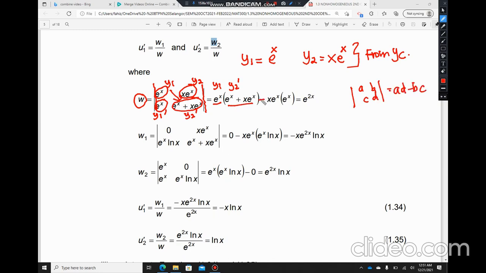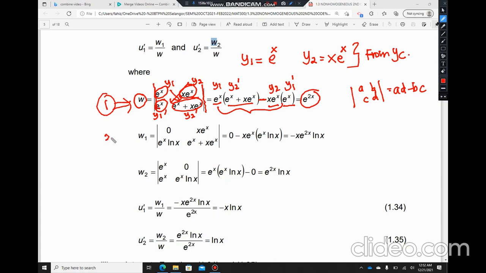So minus Y2, which is xe^x, multiply by e^x, which is Y1 prime. Awak solvekan this one, awak akan dapat e^2x. This is value of W. So yang ni cara nak cari W.